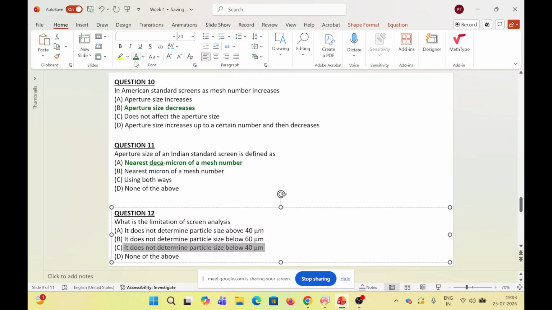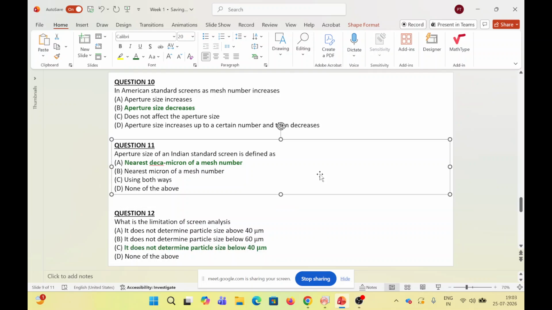That is the reason the sieve analysis or the screen analysis is the most primitive technique for doing particle size distribution, particle size analysis.